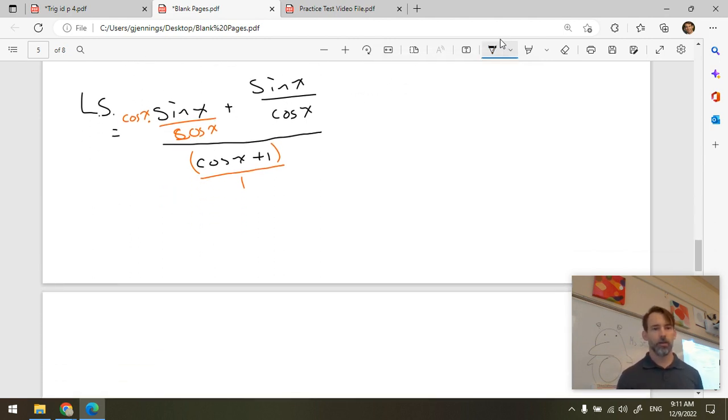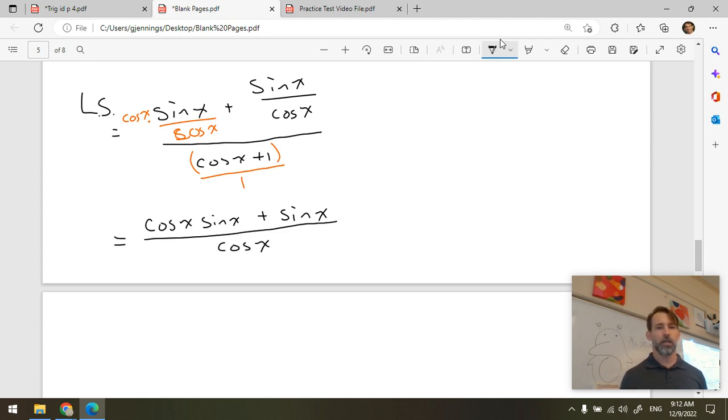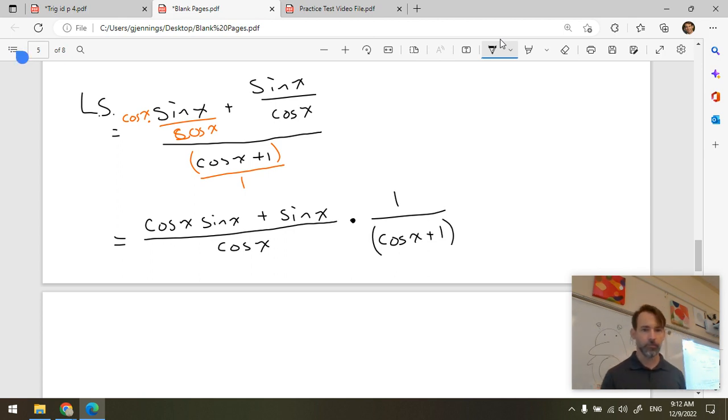So I have a cosine of x, sine x, plus sine x, all divided by cosine of x. That was my numerator. Now I flip the denominator and multiply. Multiplied by 1 over cosine of x plus 1. Okay?